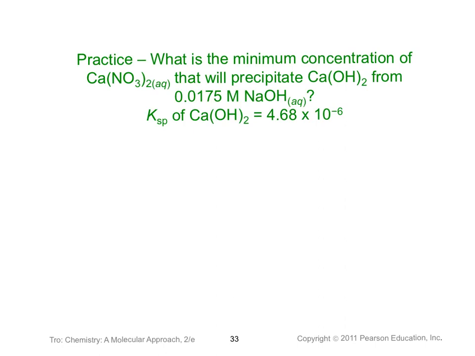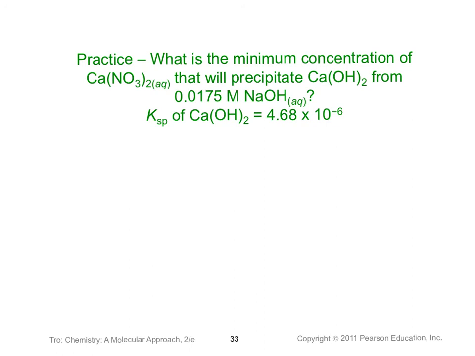So let's say you wanted to go at this from a different direction and say you've got an amount of NaOH. So you've got a concentration of NaOH. What concentration of calcium nitrate would you put in to start that precipitation?